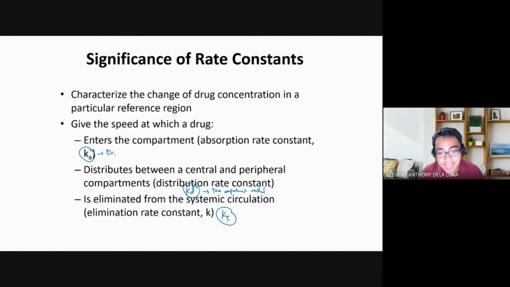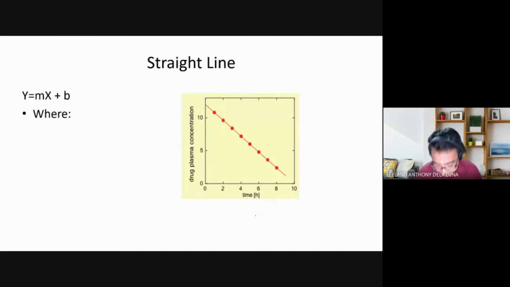Ang Ke, or minsan K lang, pero I prefer to use Ke as a term, class, applies to all routes of administration. Meaning, lahat naman ng gamot, mawawala sa katawan. So, applies to both IV and EV. Kaya isa to sa pinaka-importanteng kinetic parameter na dapat alam nating i-compute. Ituturo naman natin.